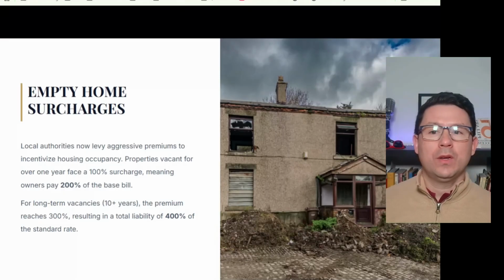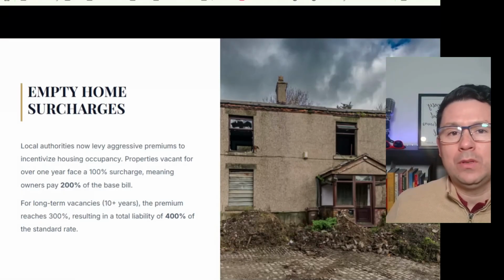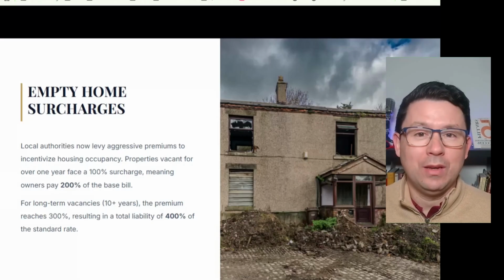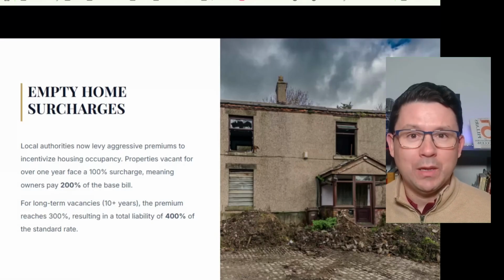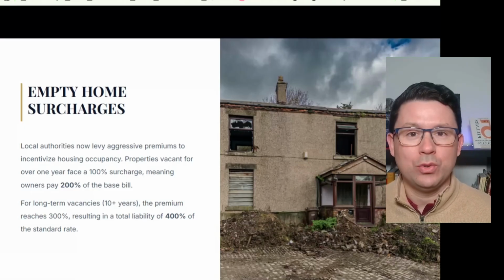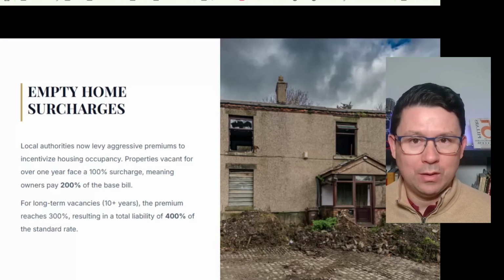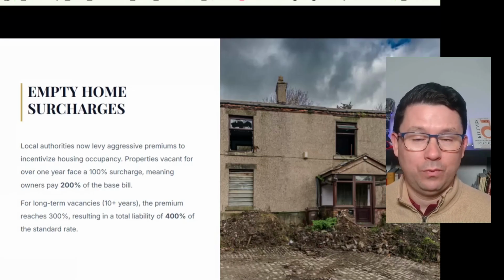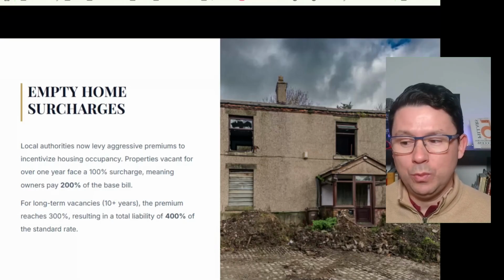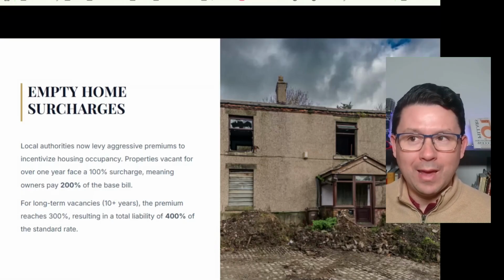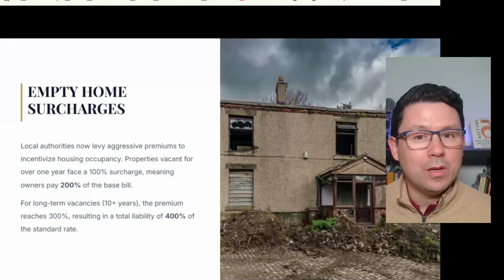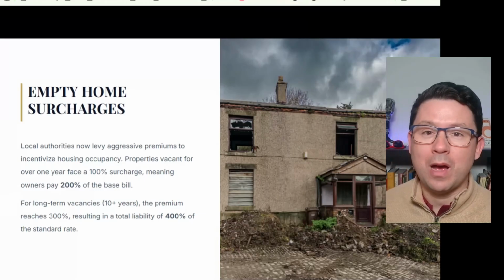So for example, if you have a property which you are refurbishing and the refurbishment takes over a year, the council is likely to charge you 200% of the council tax for the whole year for that property. And then you would be talking about not a council tax of maybe £2,000 a year, but £4,000 a year.